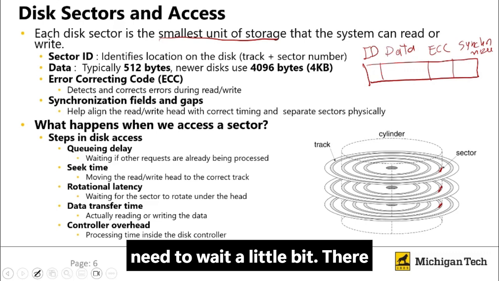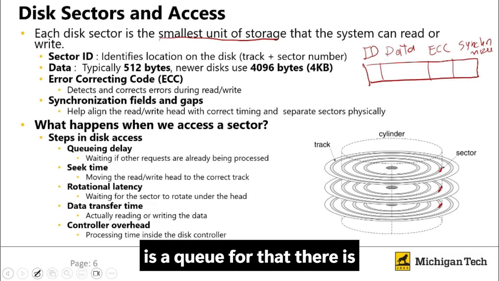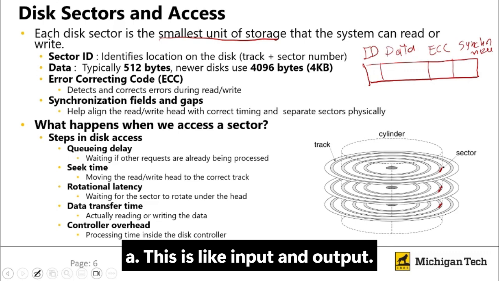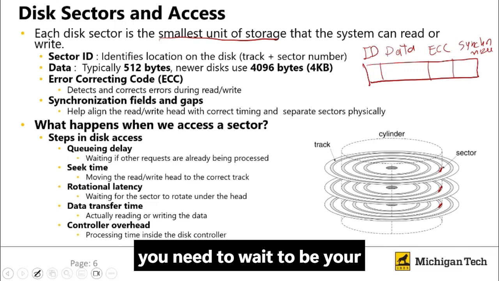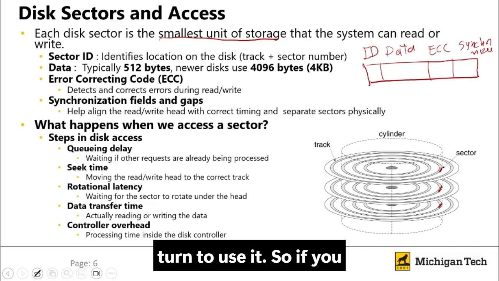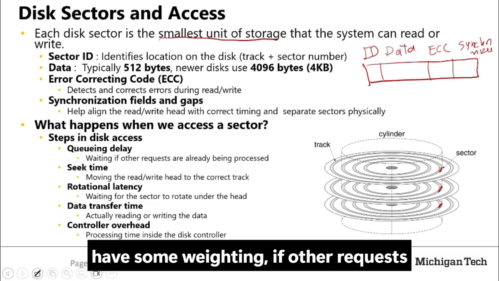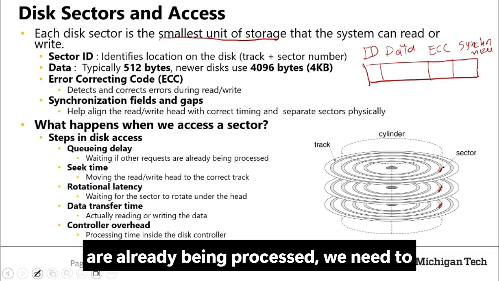You need to wait a little bit. There is a queue for that. This is like an input and output device. They have a queue where you need to wait for your turn to use it. If other requests are already being processed, we need to wait for them.